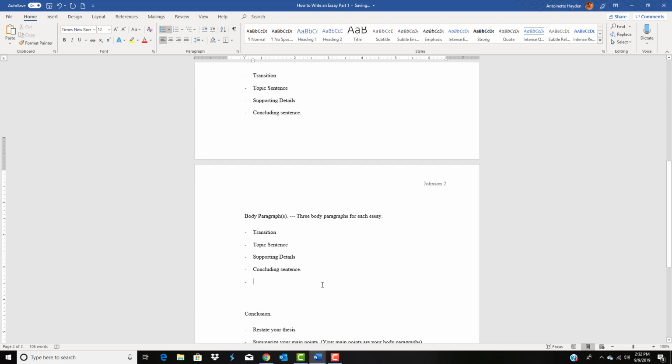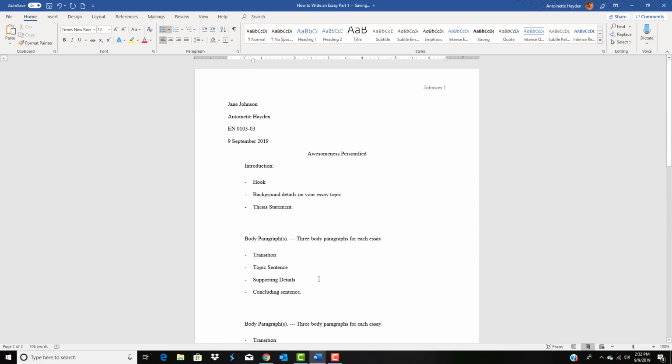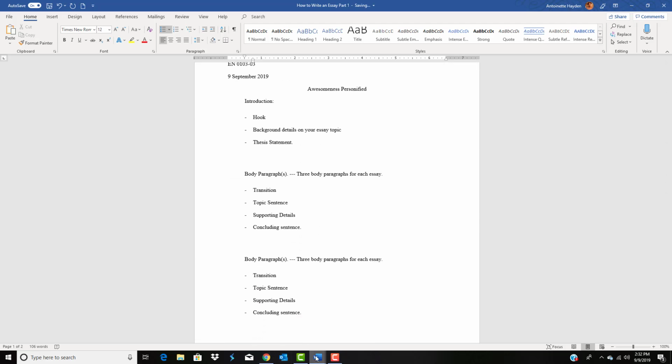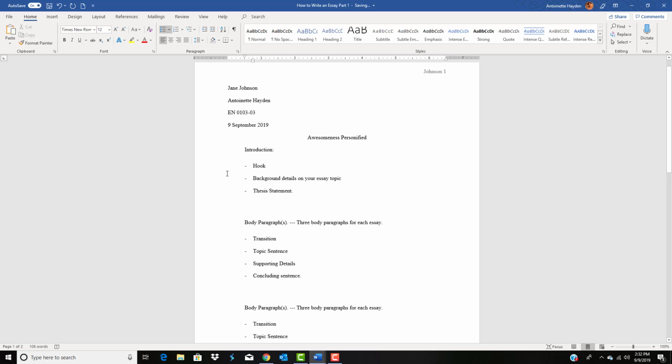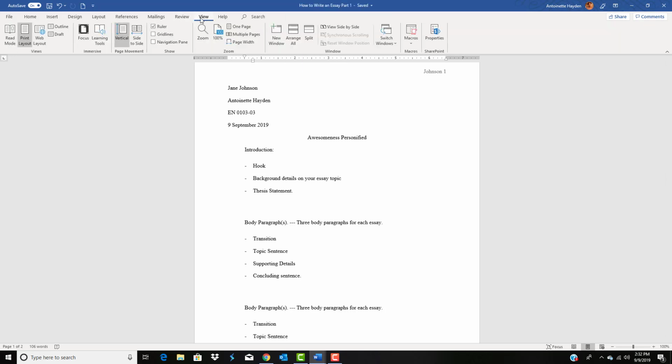And that's 2 pages of an expanded outline. So I'm sure you would want to know what this would look like in an actual paper form. So let's see if we can view this side by side with the actual draft I have mocked up.